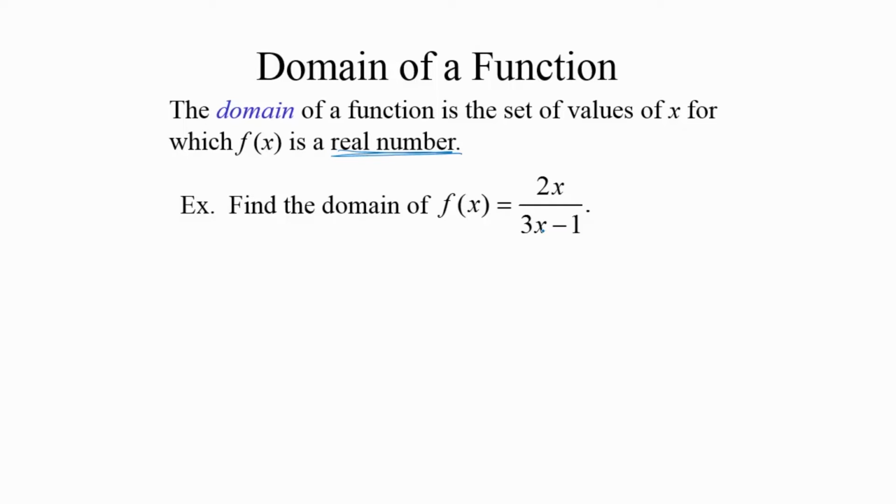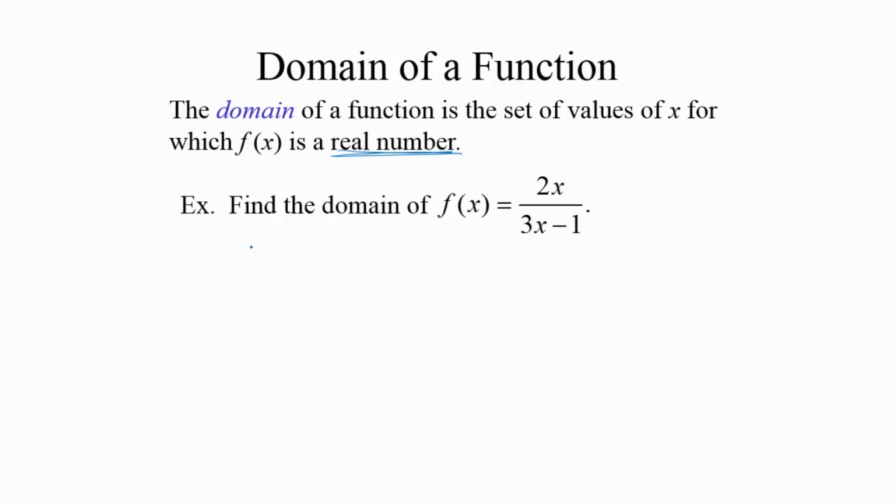So that would be an exception. So the domain of this function is anything from minus infinity to plus infinity except the value that makes the denominator 0. So what makes the denominator 0?